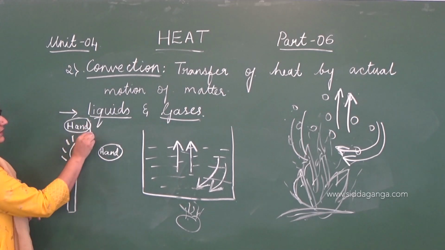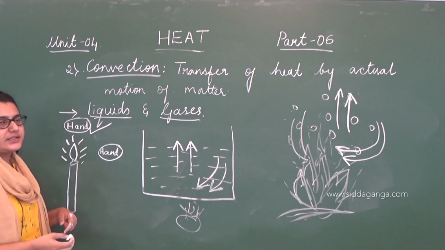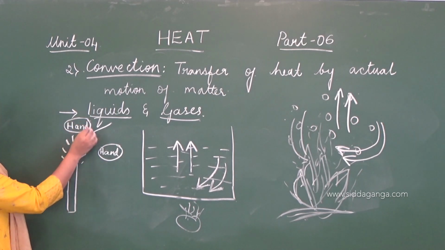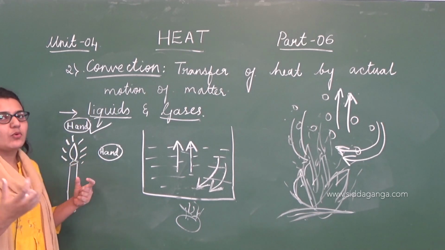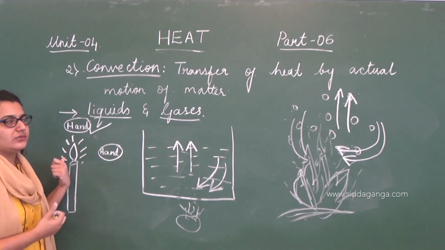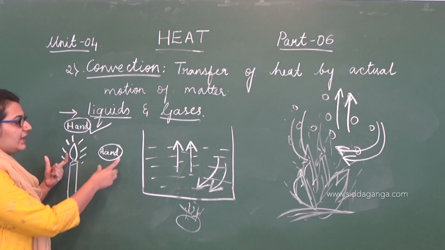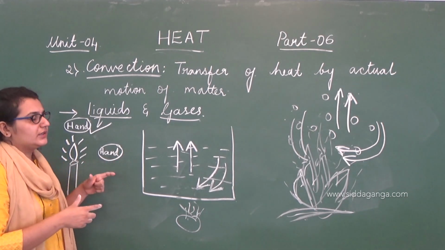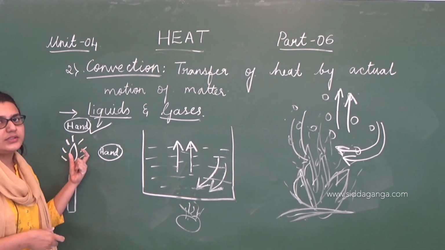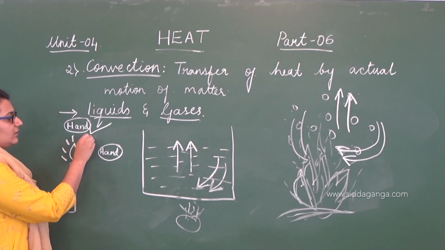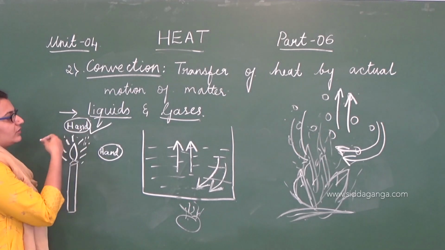Of course this hand, right? Like I said, the above part is more in contact with the heat than the side parts, so this hand feels less hot than the hand which is above the candle. Here again hot molecules are present which come in contact with the hand.